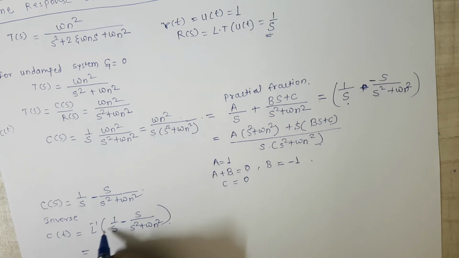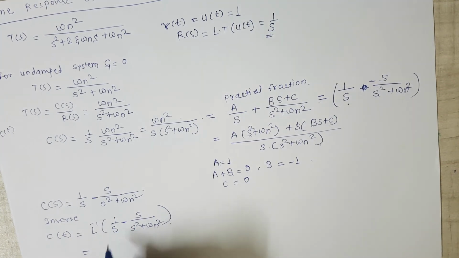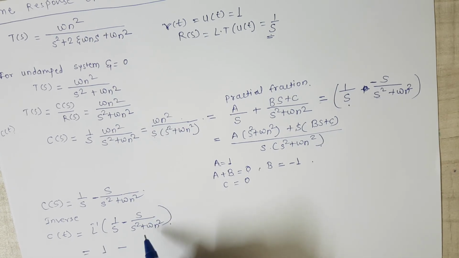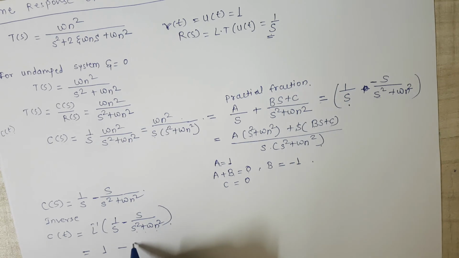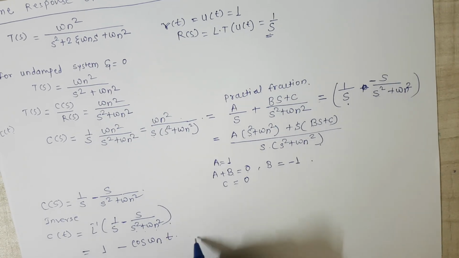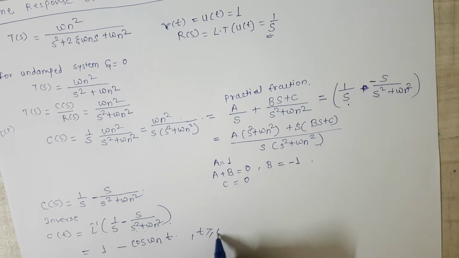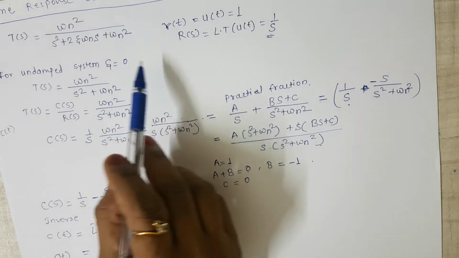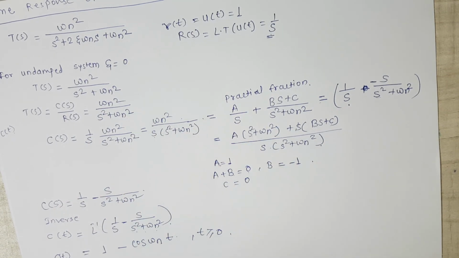So here Laplace inverse of 1 by S is 1 minus the Laplace inverse of S upon S square plus omega n square, which is cos omega n t, where t is greater than or equal to 0. Okay, so this is the time response of undamped system, that means when zeta is equal to 0 of second order system. Okay, thank you so much.